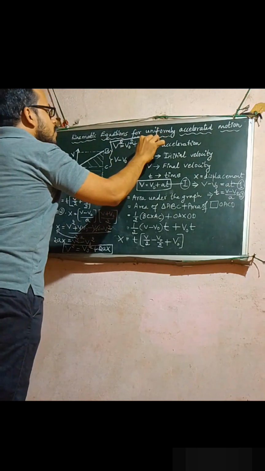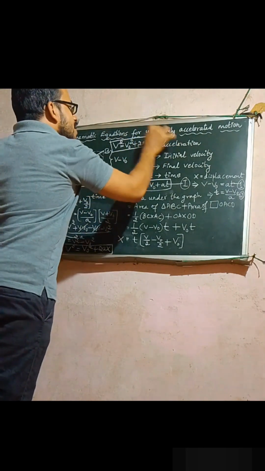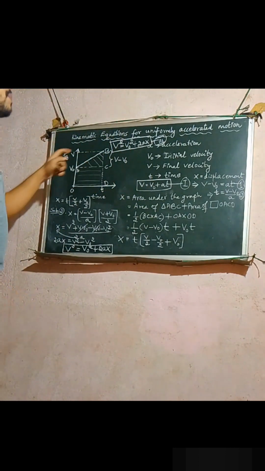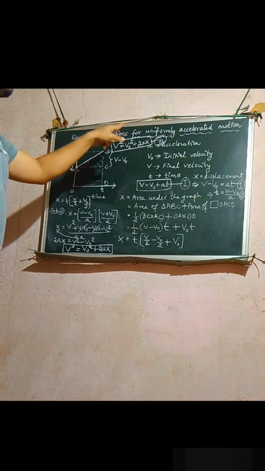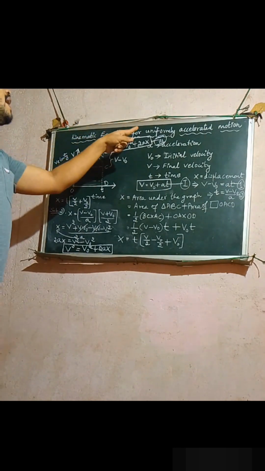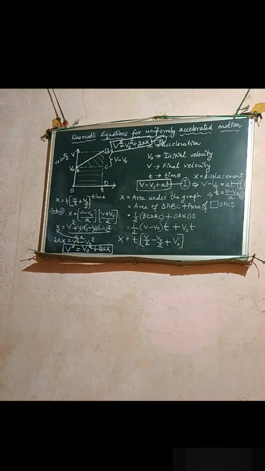This is what you call the third equation of motion, with Roman number 3. I have represented it: v square is equal to v naught square plus 2ax. Okay, this is the method of deriving the third equation of motion.